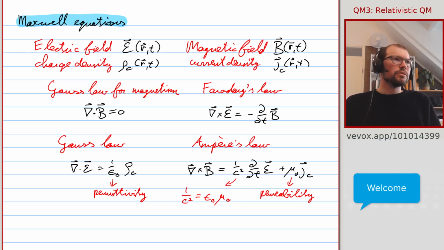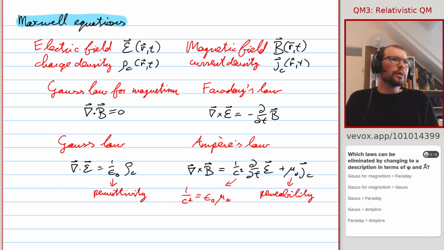Maybe let's just do a quick poll here. So please open the app again. So just to refresh your mind, which laws can be eliminated by changing your description to the scalar potential and the vector potential? Do you remember?